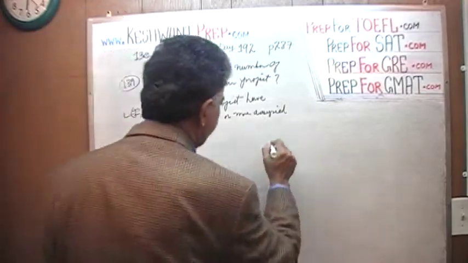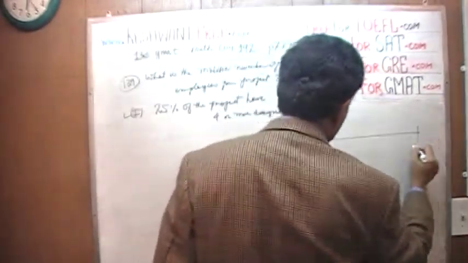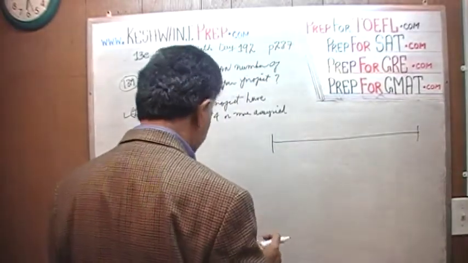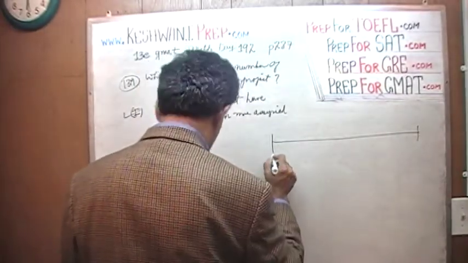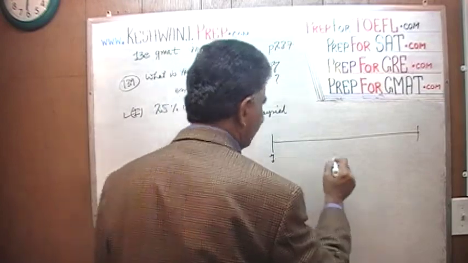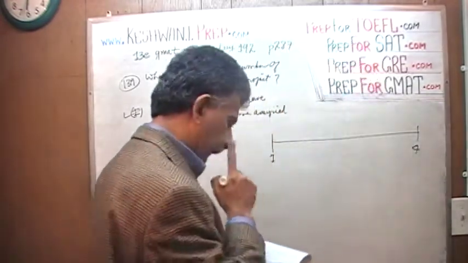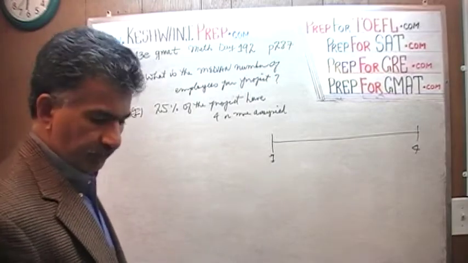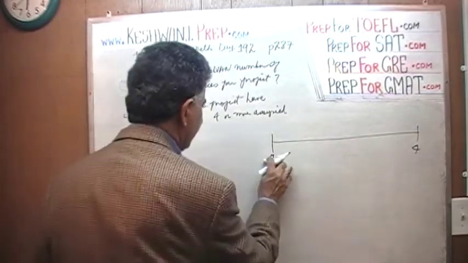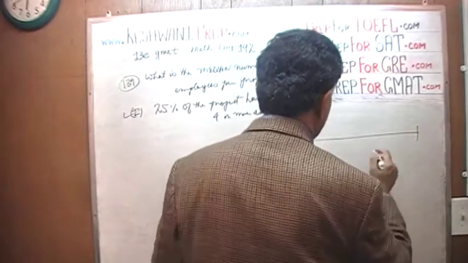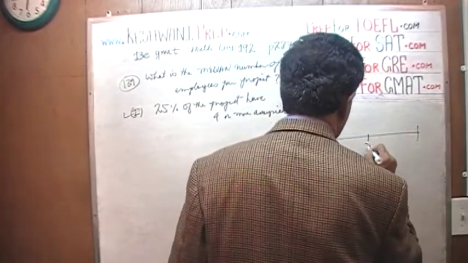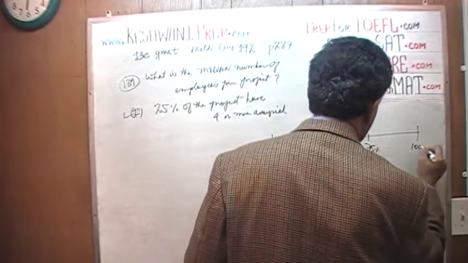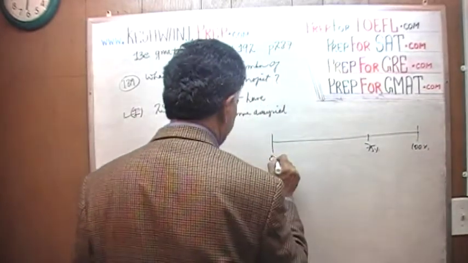So in other words, if we were to rank the number of employees here, let's say from 1 to 4, let's put percentages here. So here's your 75%, here's your 100%, and here we start out with 0%.